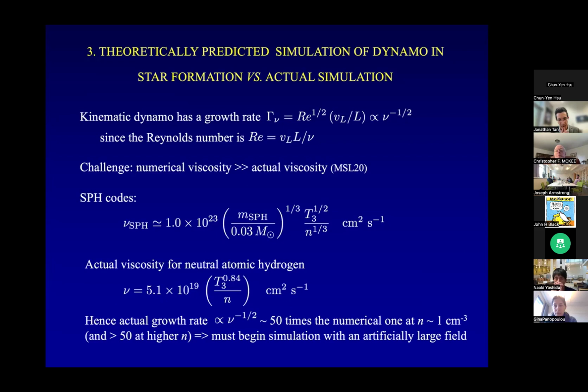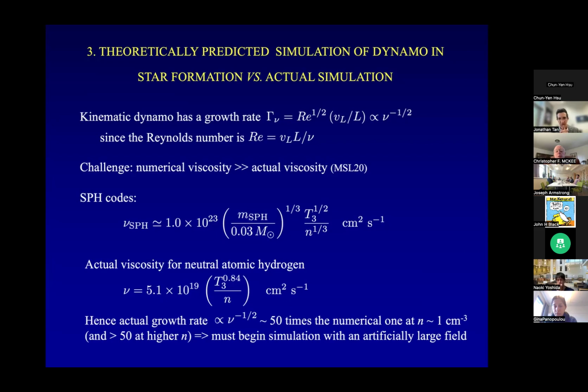So that's a very good point. The conditions for the first stars are so different. I mean, the temperature is more than an order of magnitude larger.